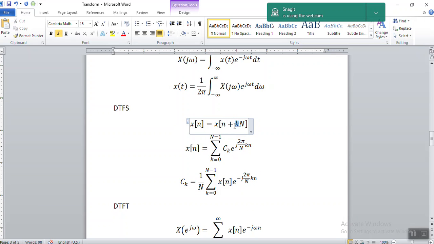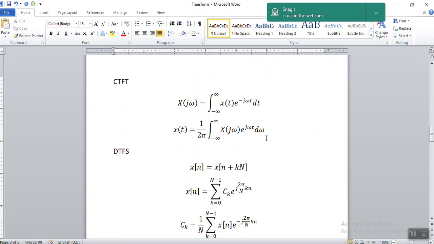K is an integer, N is the number of samples. In discrete time, once it is sampled, time is no longer in seconds, it is represented by an integer only. So this N is not time in seconds like capital T, it is the number of samples over which it is periodic, and k is an integer. So, integer multiples: x of n plus N is equal to x of n plus twice N, like that.